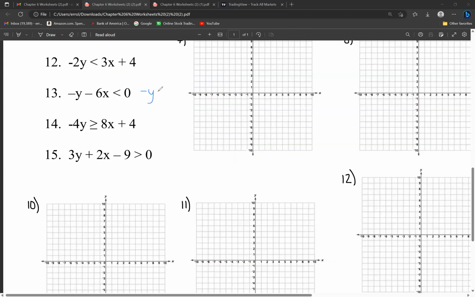Negative y less than positive 6x or minus 6x? Minus 6x. It's minus 6x on this side. So when you take it to the other side, it becomes positive 6x. Okay, one more step. Now what? We have negative y, but we want positive y. What do we do?